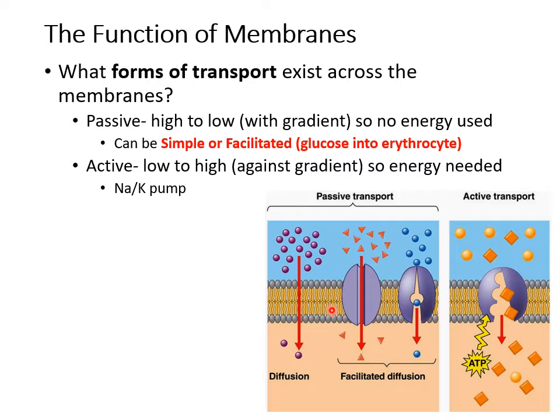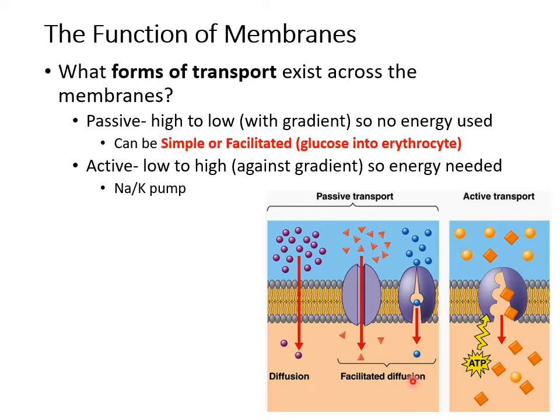The only difference in terms of passive transport forms is that it can either be simple diffusion, which is the one on the left, or facilitated diffusion. And you'll notice in the picture, the only difference is whether or not there's a protein channel or protein carrier molecule or structure that's helping carry these particles, these solutes, these molecules across the membrane.